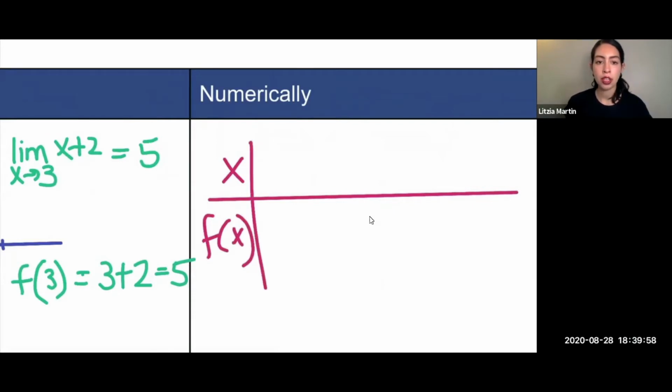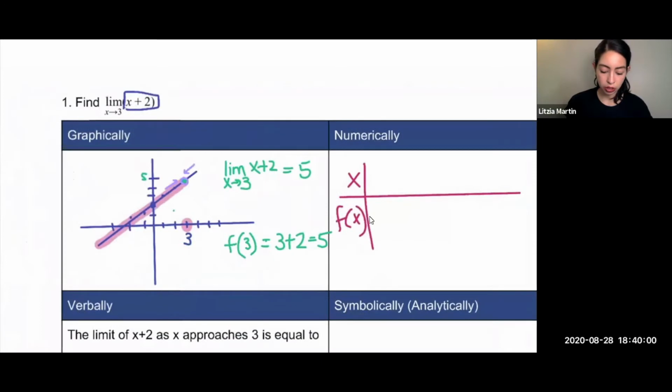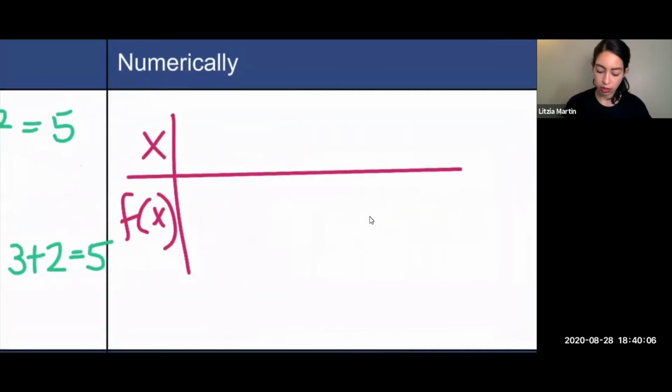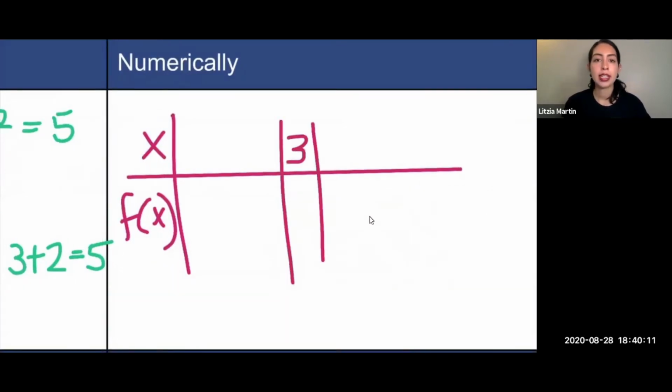So the limit we are trying to determine is the limit as x approaches 3. I'm going to have 3 in the middle here, and I want to plug in values to the left and to the right of 3 that are very, very close to 3, but not exactly 3.